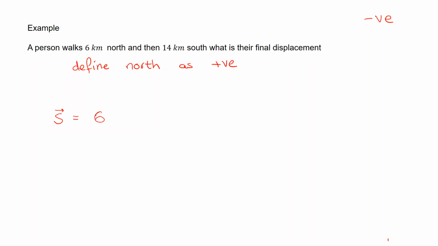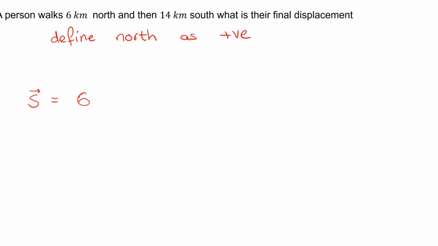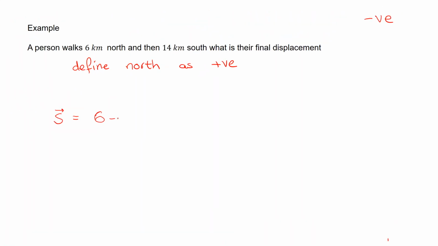Now, because we've defined north as positive and 14 kilometres is in the southerly direction, we subtract 14. So 6 minus 14 is -8, and that's metres. And we've defined north as positive, so our answer is north. But instead of writing -8 metres north, it makes much more sense to write just +8 metres south.